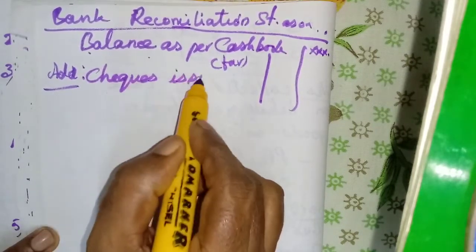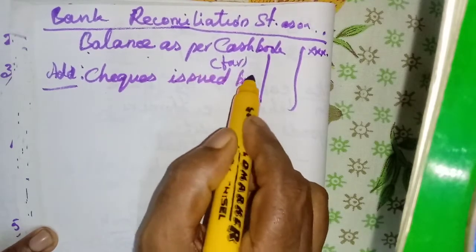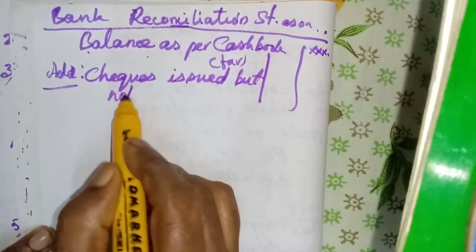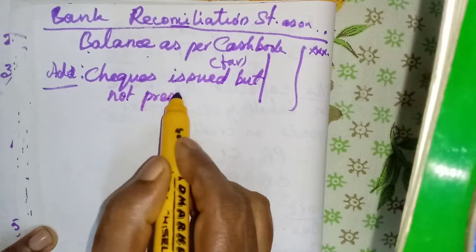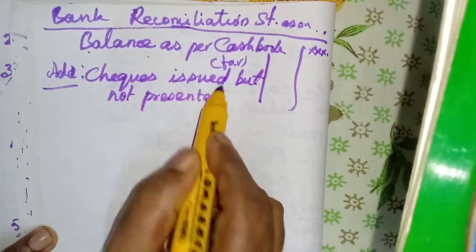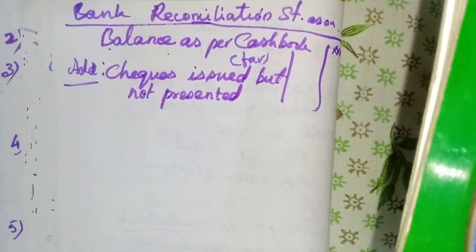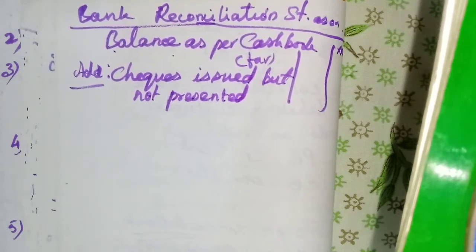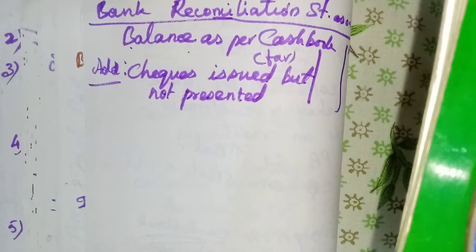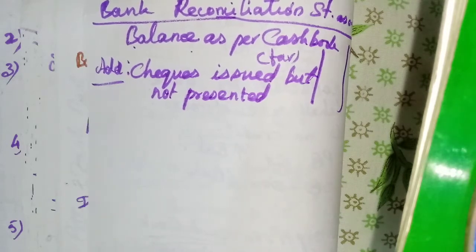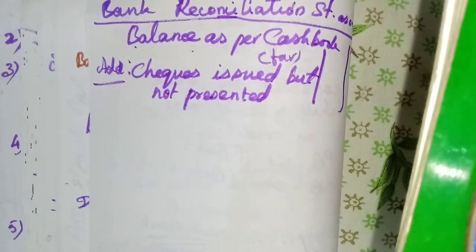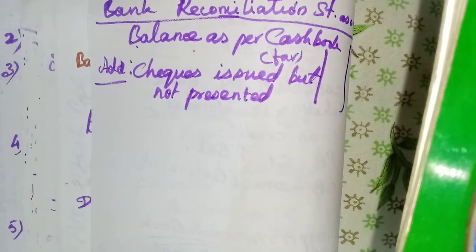Checks issued but not presented. I have told you already. So we only need to add and subtract the items. For 5 marks, only 5 items will be given. At least 2 or 3, or anyhow one item must be either added or deducted. That is what you have to do.